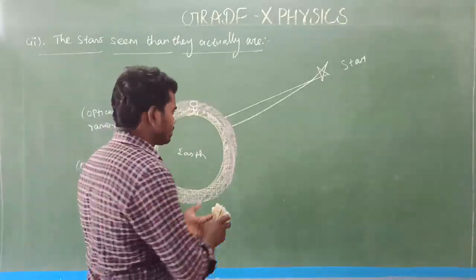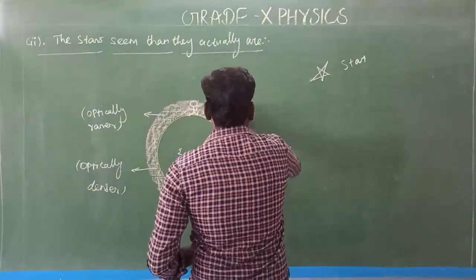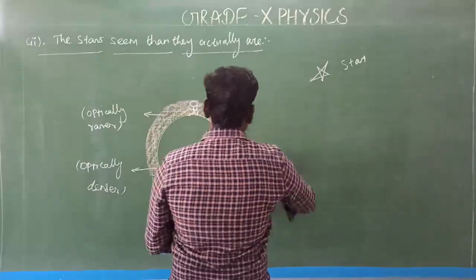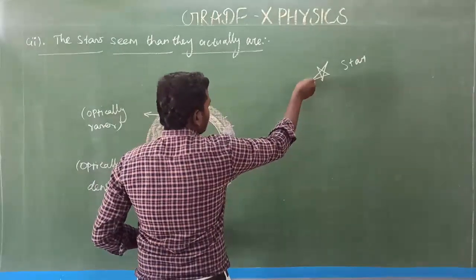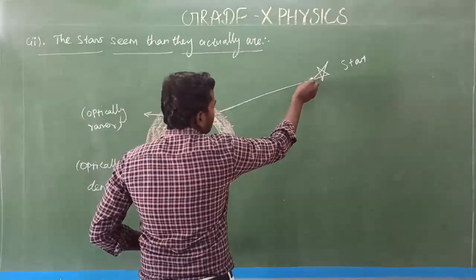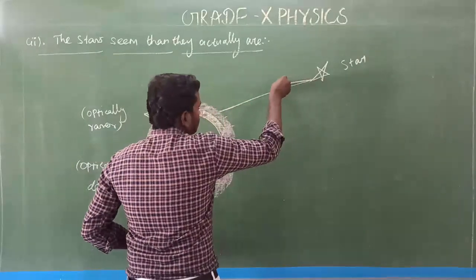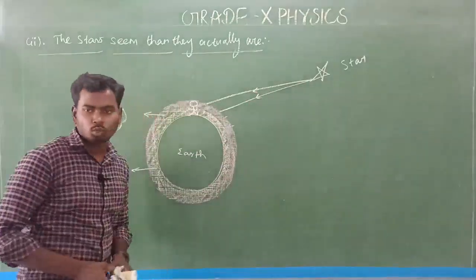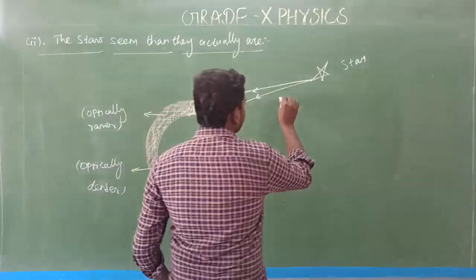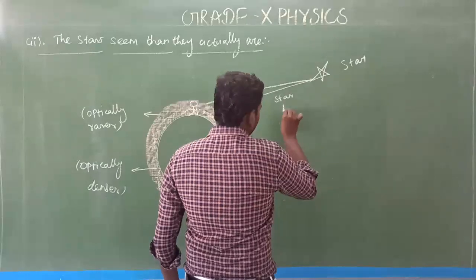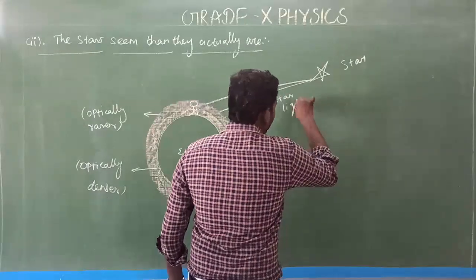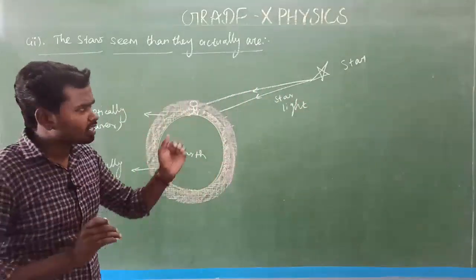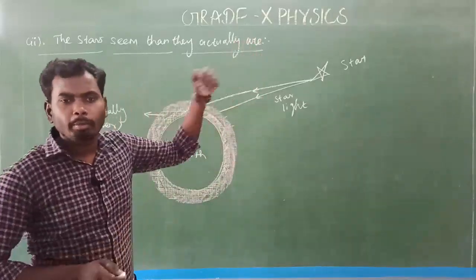It will be convenient. Consider two rays like this. Yes, very easy. This is starlight. Consider just two light rays coming from a star located millions and millions of kilometers away.